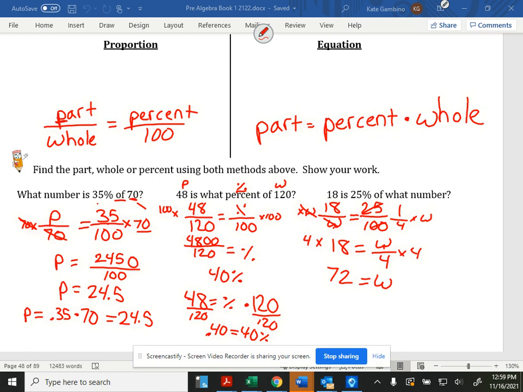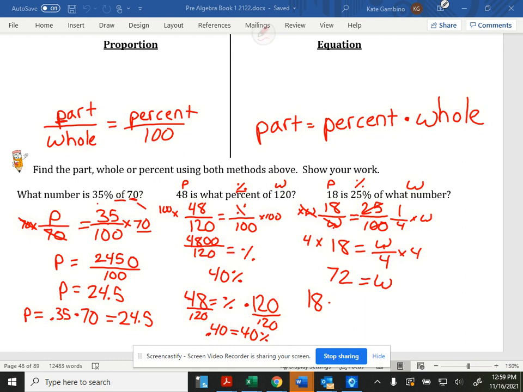Our part is the 18. This is our percent. We want to know the whole. So the part is 18 equals percentage times, oh wait, I know the percentage. Let me write that in.